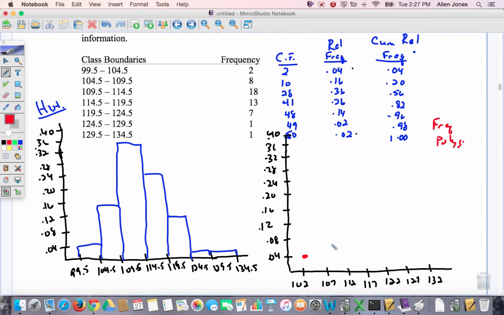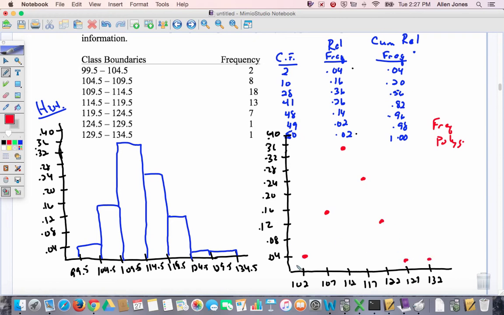So frequency polygon. And we start by plotting a point for each one, plotting the same information. I have 26 here.